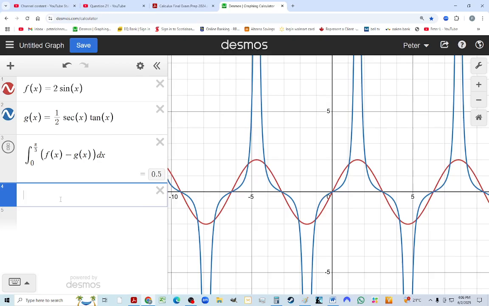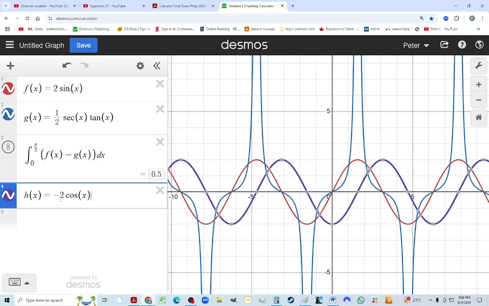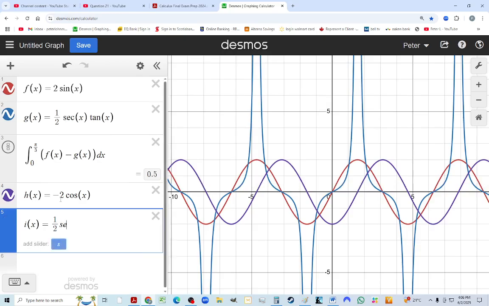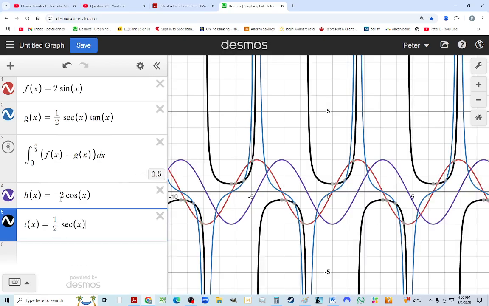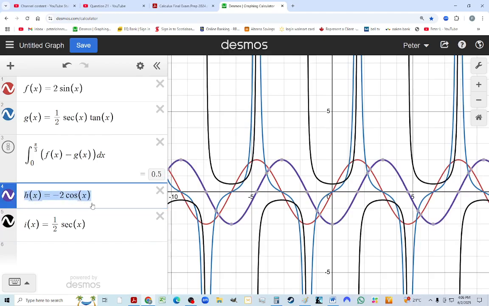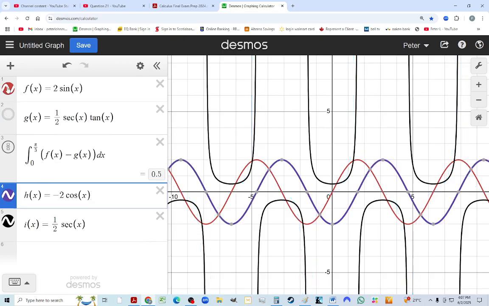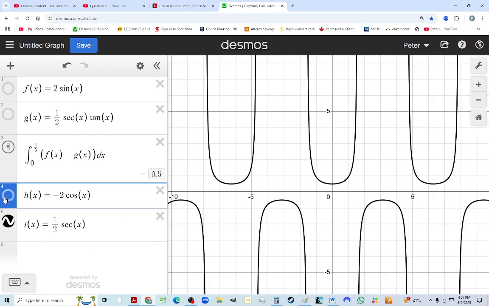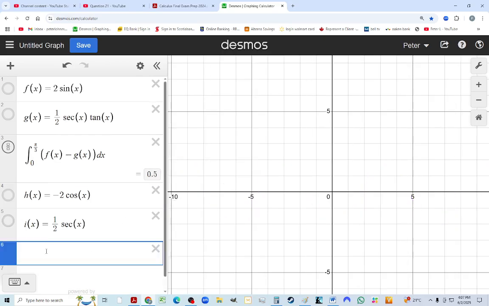But you can also take the functions we did. We'll call them h of x, negative 2 cos x, and i of x, half secant x. And you could prove to yourselves that they're the right choices by taking the derivative of them.